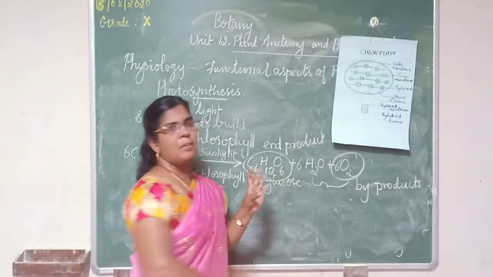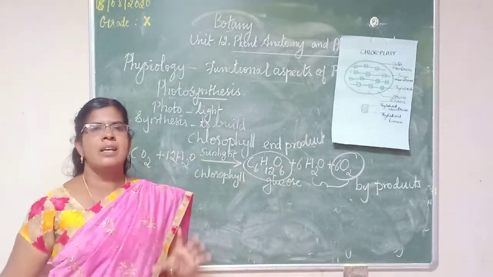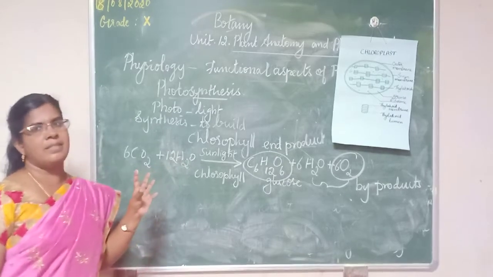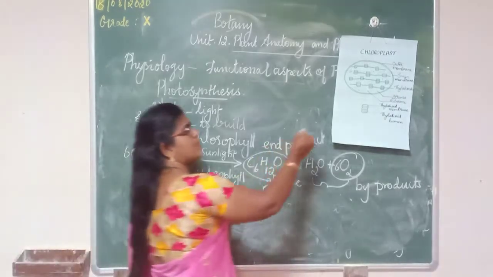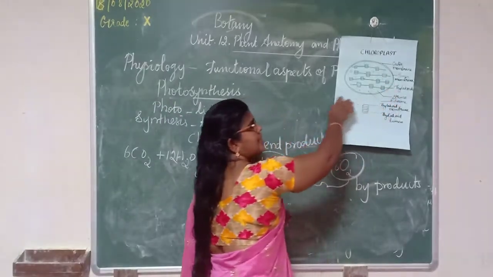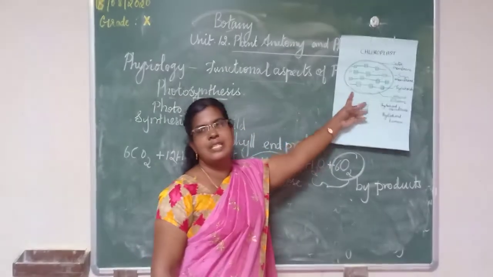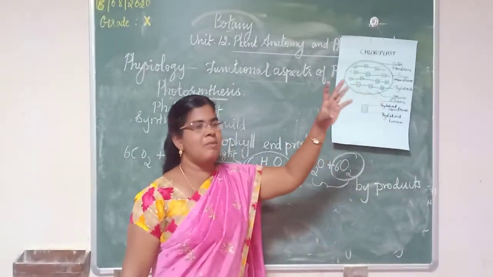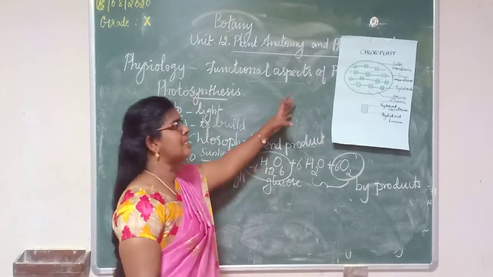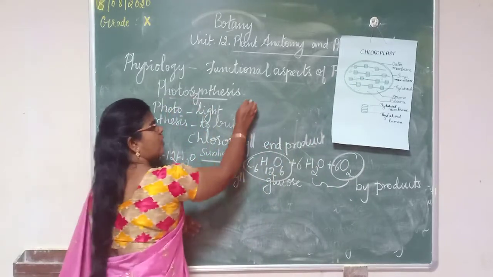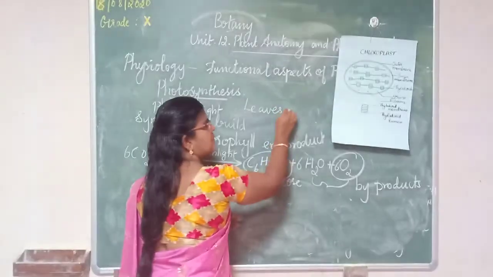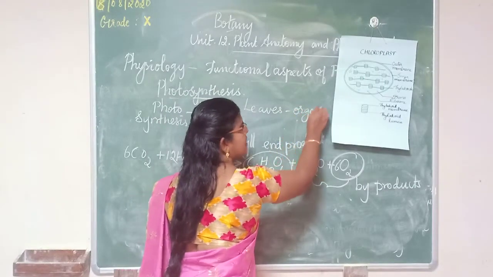Plants have many organs. Leaves are the important organs for photosynthesis. Chloroplast is the important site for photosynthesis, because with the help of chloroplast, photosynthesis takes place. Leaves are the organs of photosynthesis.